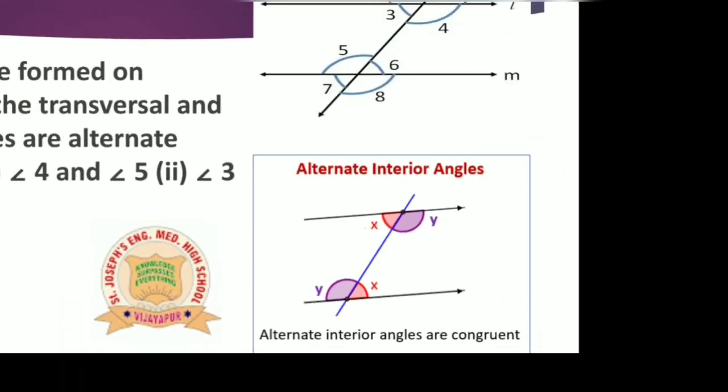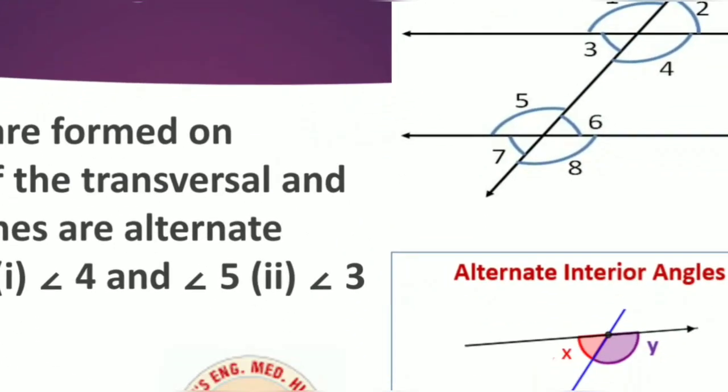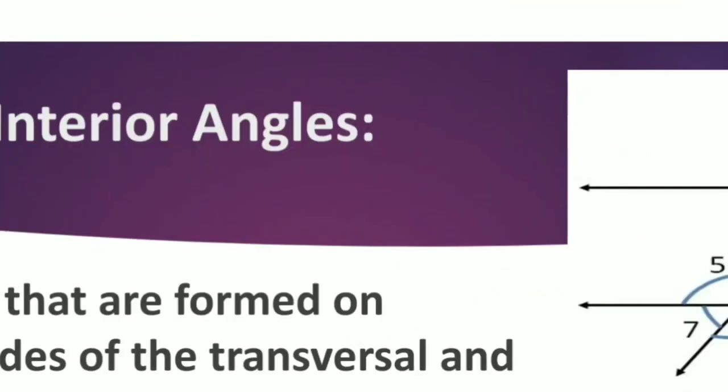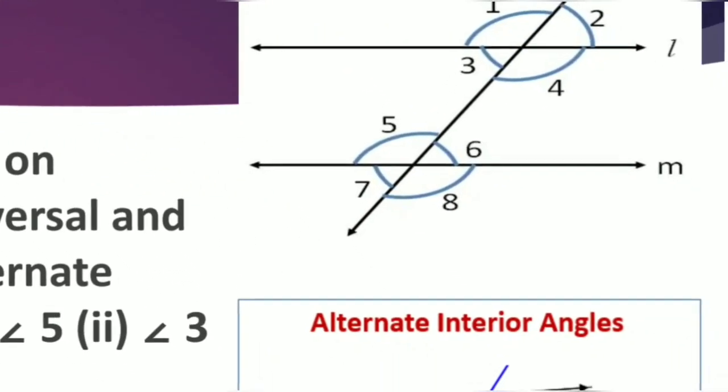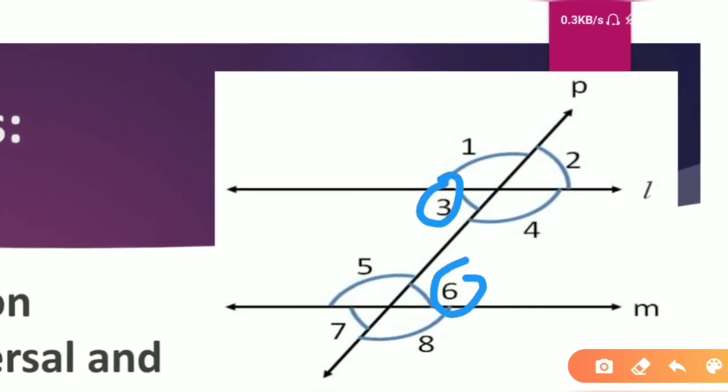Okay, let's go to the second diagram. Can you identify which are the alternate interior angles in this diagram? Angle 3 and angle 6 are alternate interior angles. Angle 4 and angle 5 are also alternate interior angles.